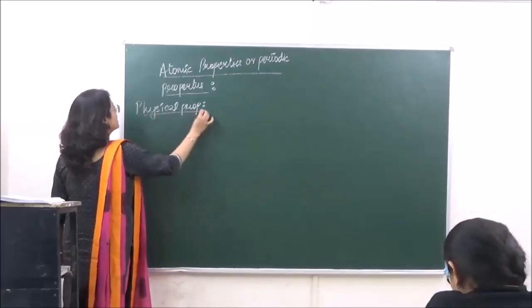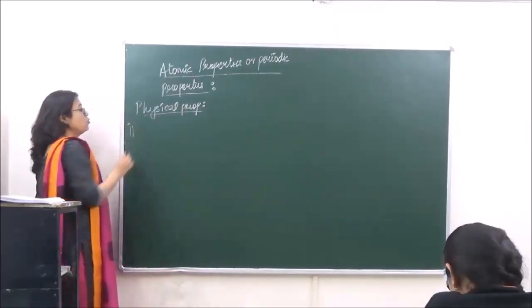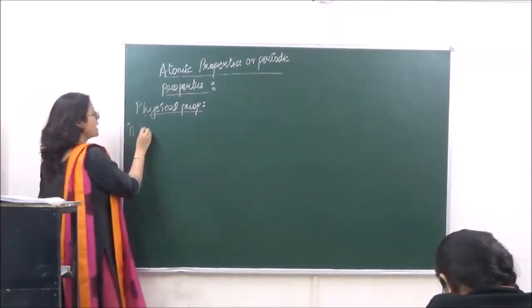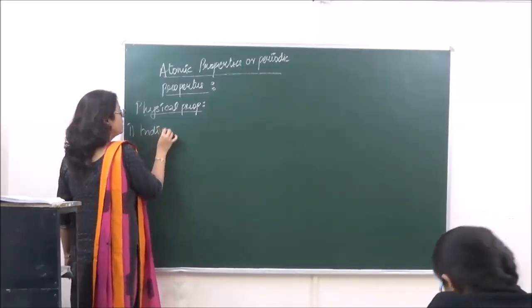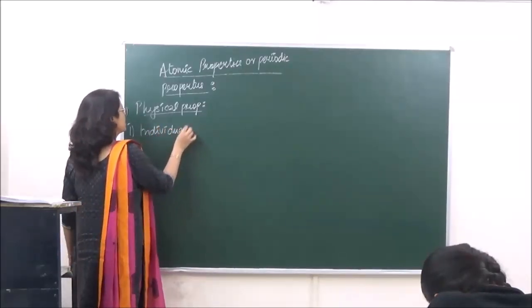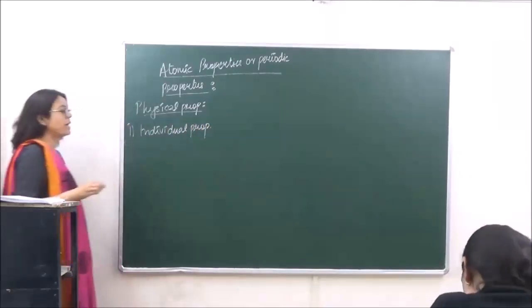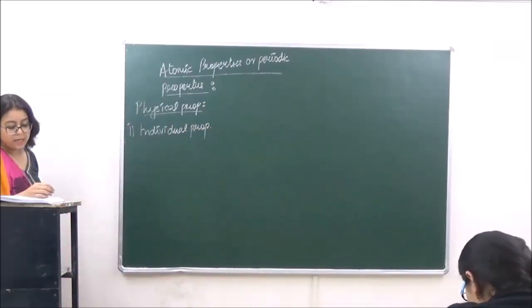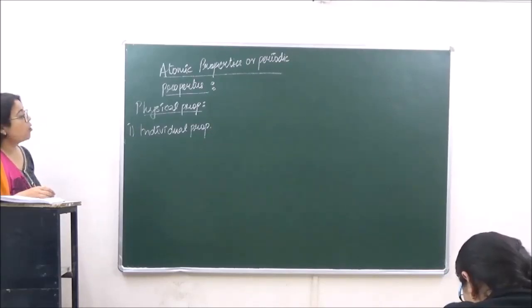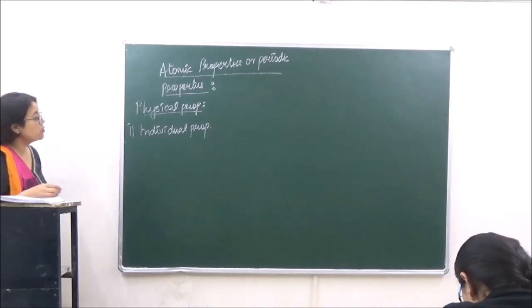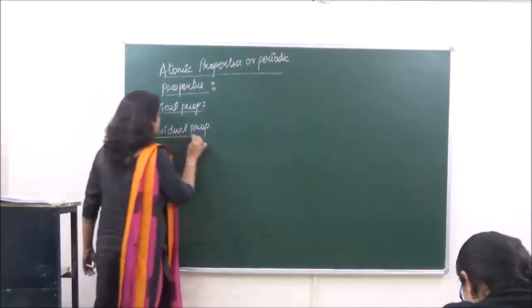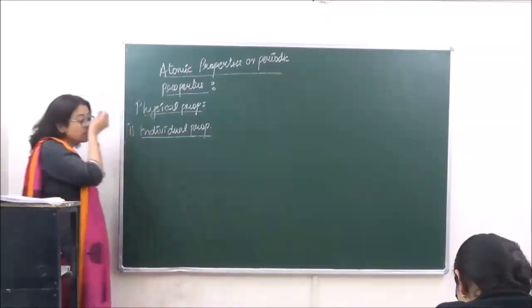Physical properties can be classified into two. The first one is known as individual properties. Individual properties, or properties of individual atoms, are those properties which depend upon the atom alone.